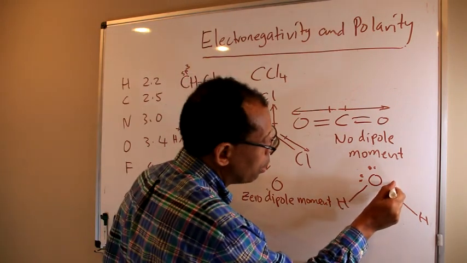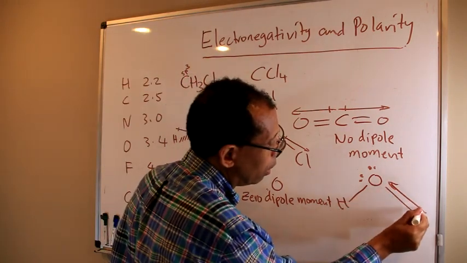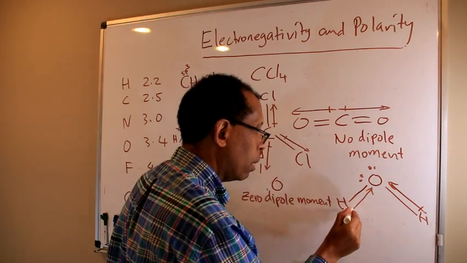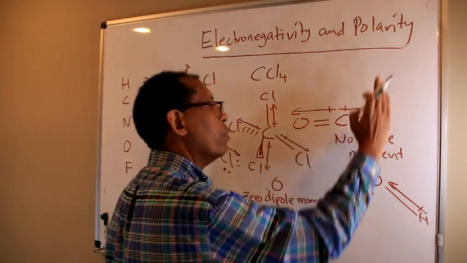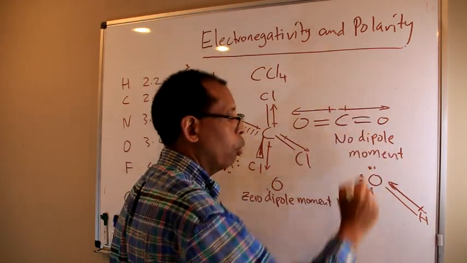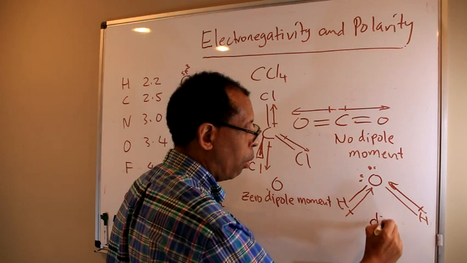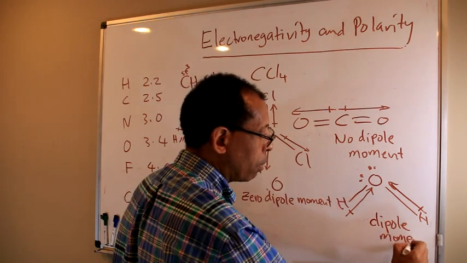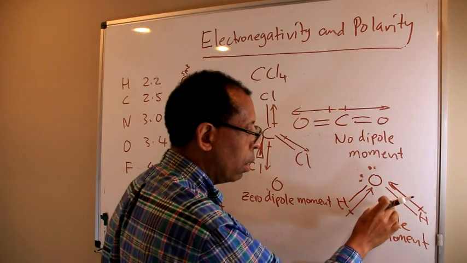So the dipole moment is this way, and the dipole vector this way. So both of the dipole moments will not cancel out. There will be a net dipole moment. That's why water is actually a polar molecule.